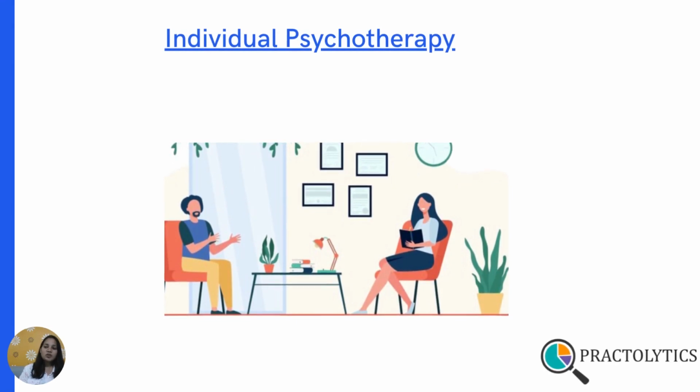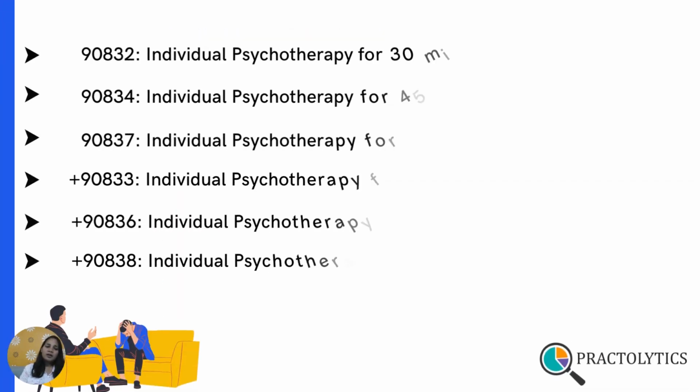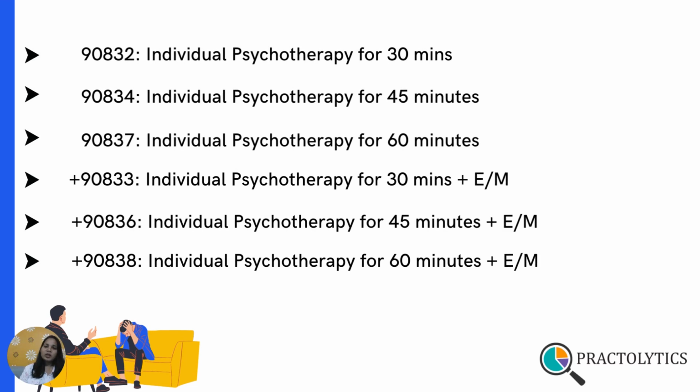Then comes individual psychotherapy. This is one-on-one work between a therapist and a client. There are many different styles of therapy, but all of them center around helping the client reach his or her own stipulated goals. Here are the individual psychotherapy codes, which are based on time.